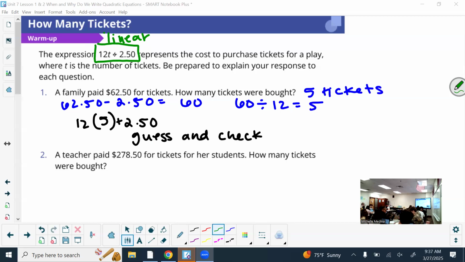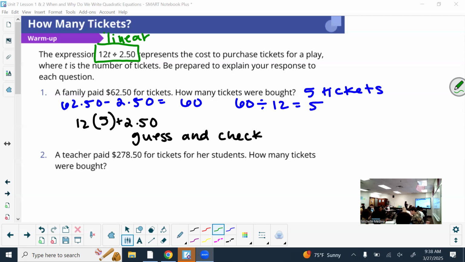And we learned in the last unit that if it has something to the second power and nothing higher than that, then it's quadratic. All right, but this warm up is still in this unit because the guess and check method we're gonna apply later today. But really you guys know how to solve this without guessing and checking.